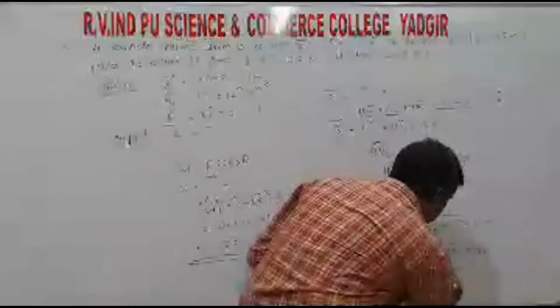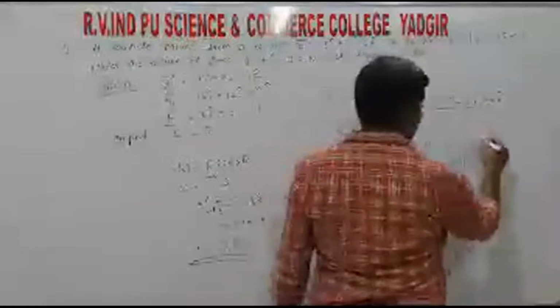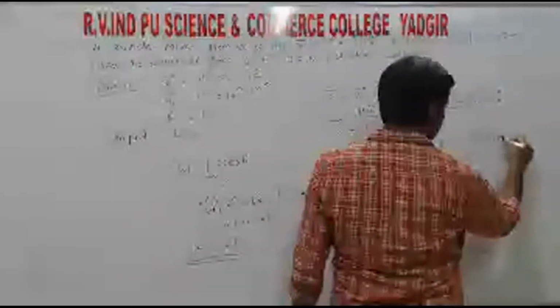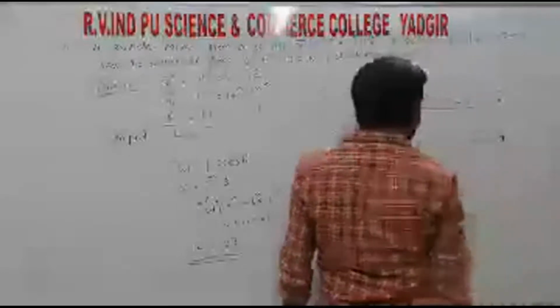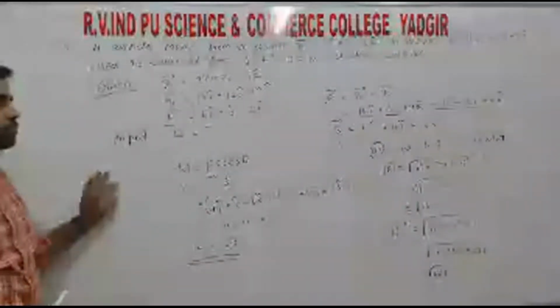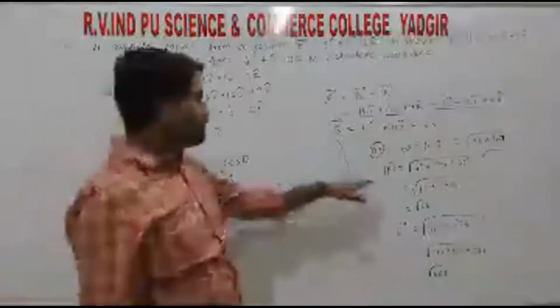That is 467, right? So that is under root 26 into root 467, multiplied. But the theta value is not given. If the theta value is given, we can use this method.